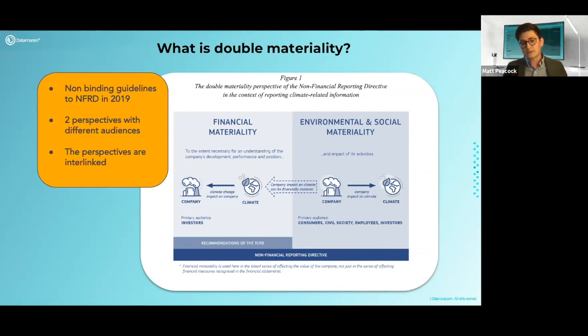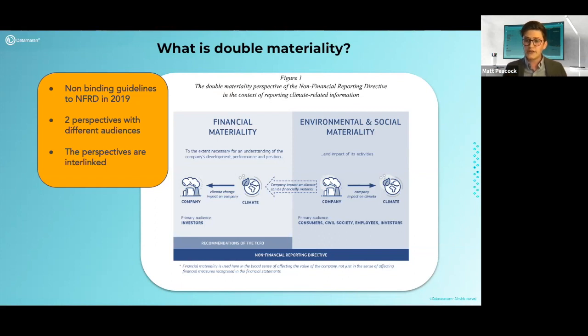The other perspective of materiality is environmental and social materiality. This is looking more at how the company's activities have an impact on the environment and society that it operates in. Both of these perspectives have different audiences that they cater towards.